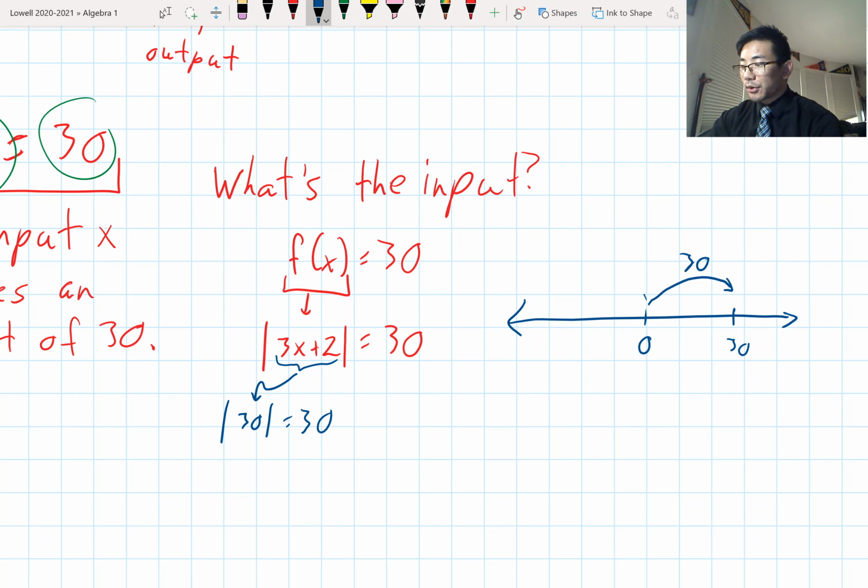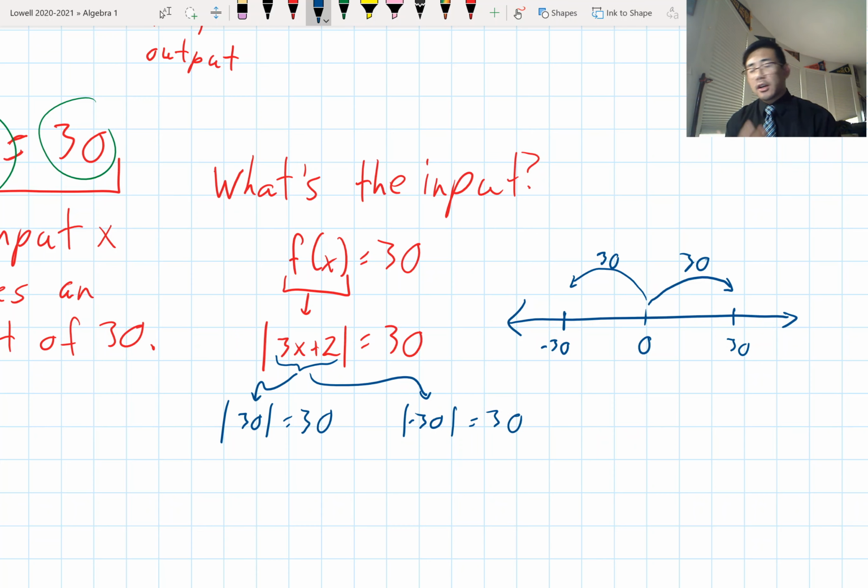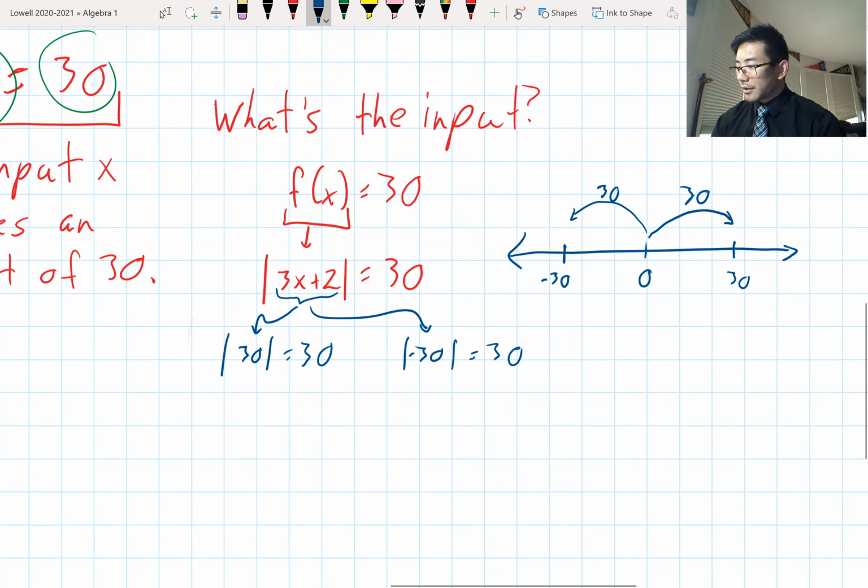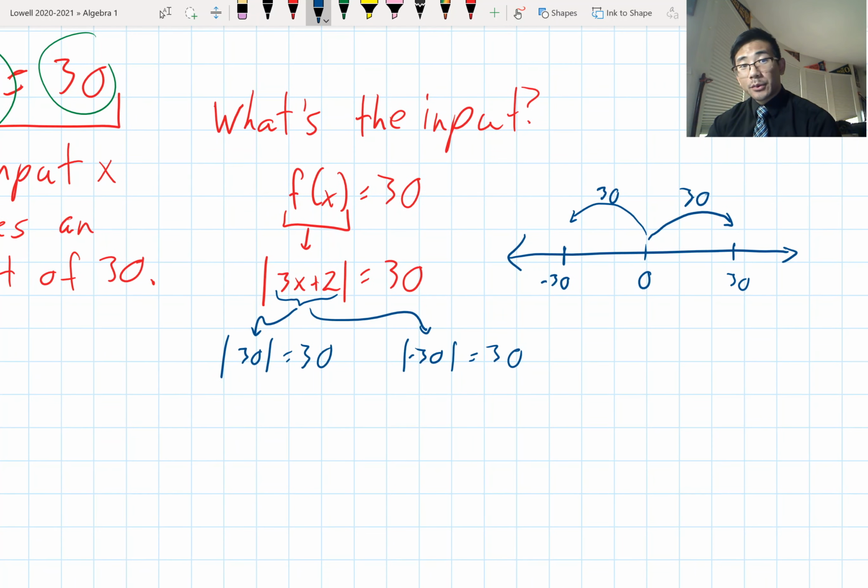And so if I go 30 units to the left, then you're also 30 units away, but that's at negative 30. So when you have these absolute value equations, and we're going to take another look at this in the future, a lot of times you'll have two possibilities. And so this would mean that 3x plus 2 has to equal 30, or 3x plus 2 equals negative 30.